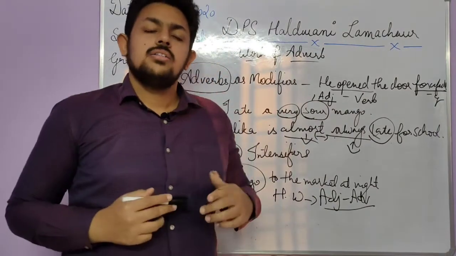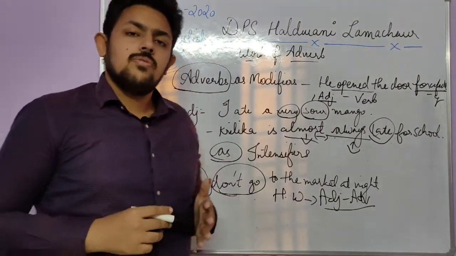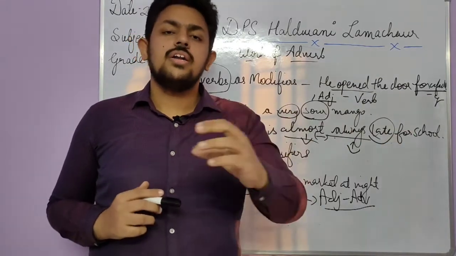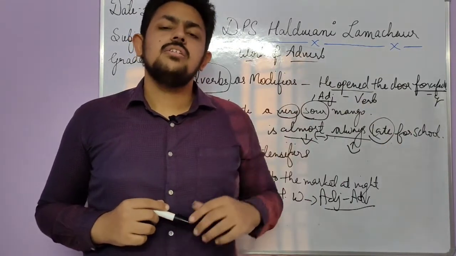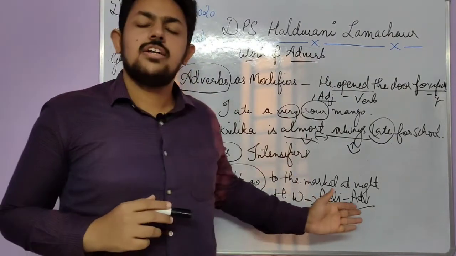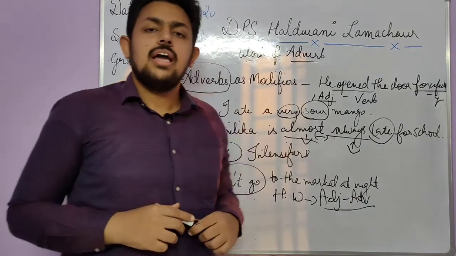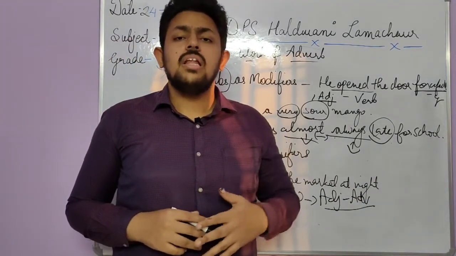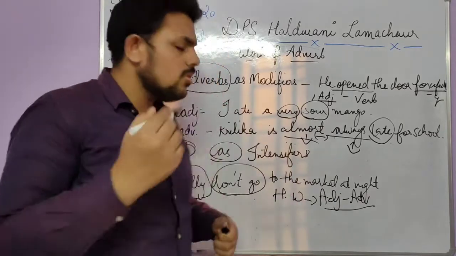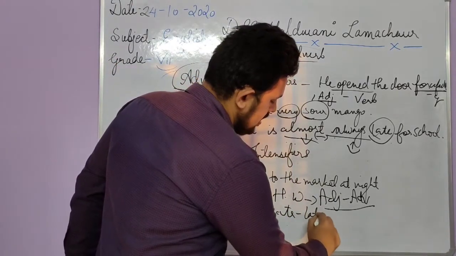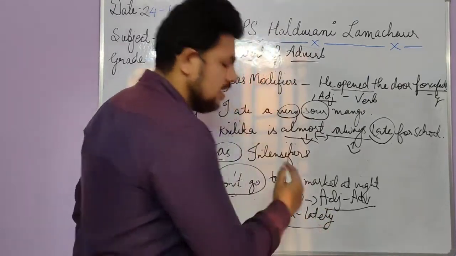For example, the word hard, harder, hardest. You have to read the comparison chart and the adjective to adverb transformation. Like I say, I come to school late. I lately joined the school. So this way, late becomes lately. Like this you have to learn.